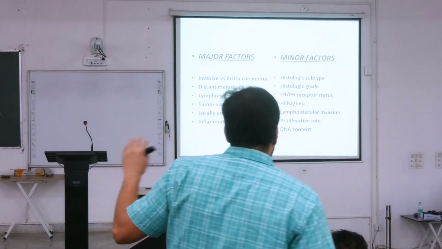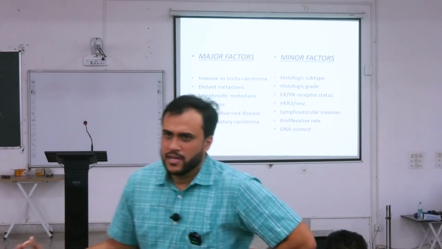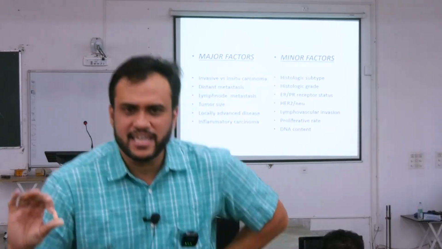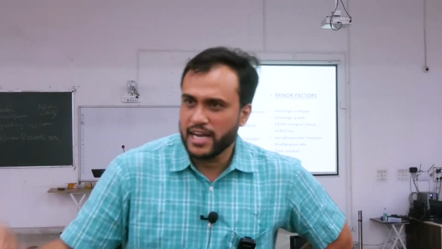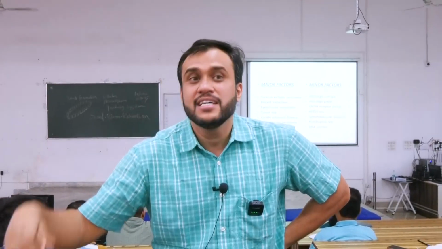Obvious. Then distant metastasis. Cancer doesn't kill a patient until it has metastasized. You know this from neoplasia. So what kills a patient more is the metastasis. If the tumor has metastasized, obviously it has a poorer prognosis as compared to ones which have not metastasized.